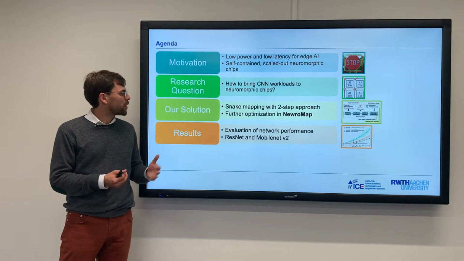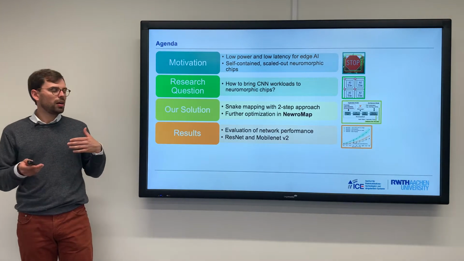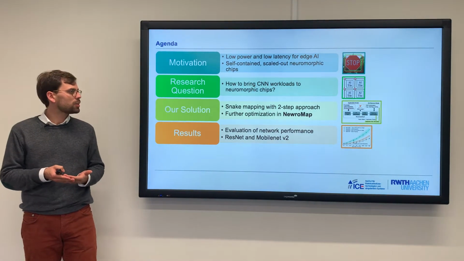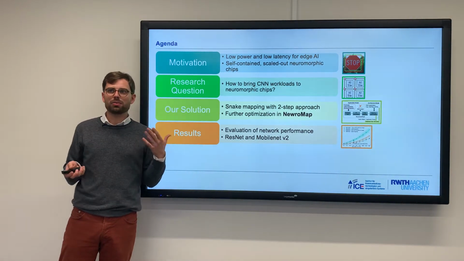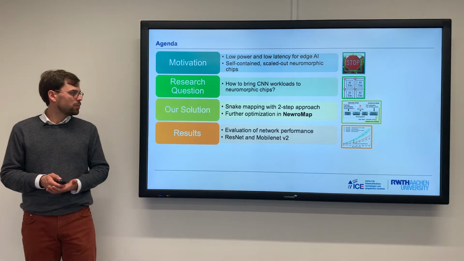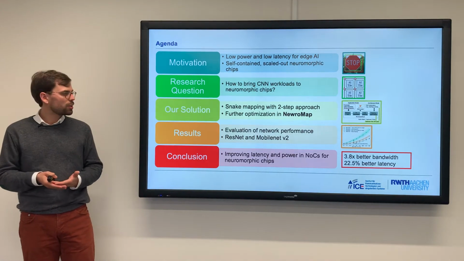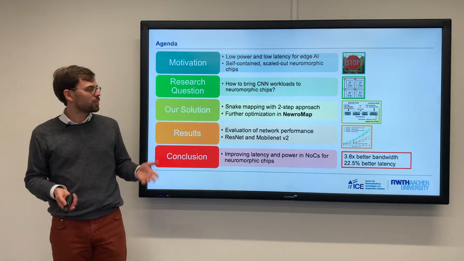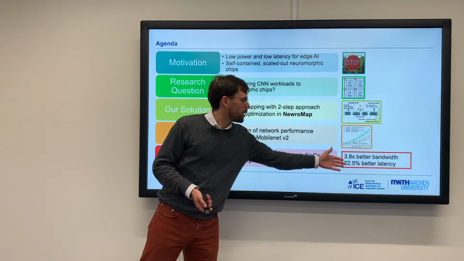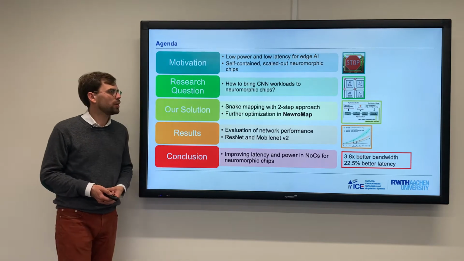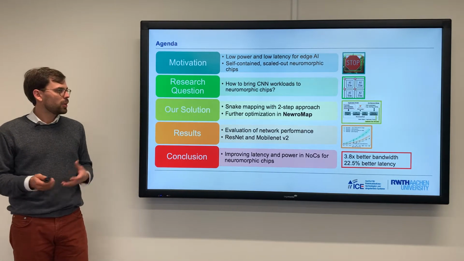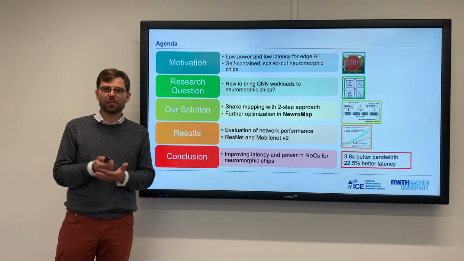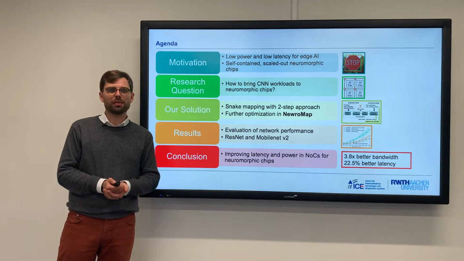And then the results that we get are an evaluation of the NOC performance with industrial benchmarks, ResNet and MobileNet v2. And then finally, we can conclude our talk, and we will find that we, of course, improve latency and power as you expected, but actually with some quite nice results of up to 4x better bandwidth and 22% better latency. So stay with me and see how we achieve that.